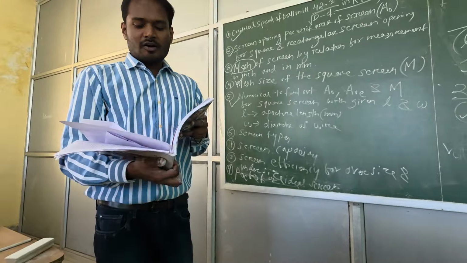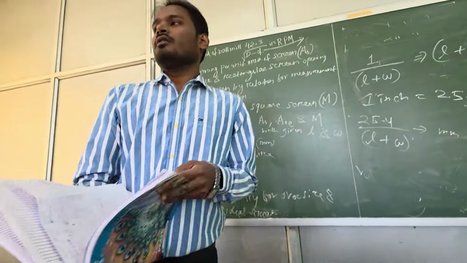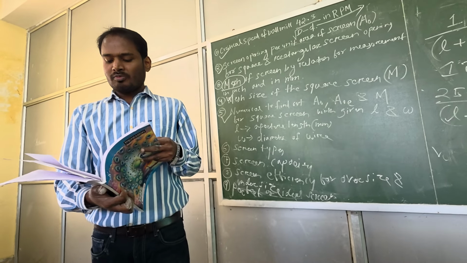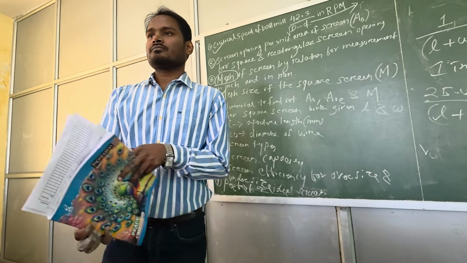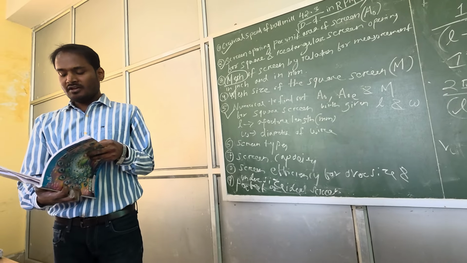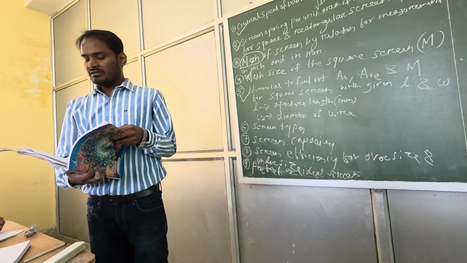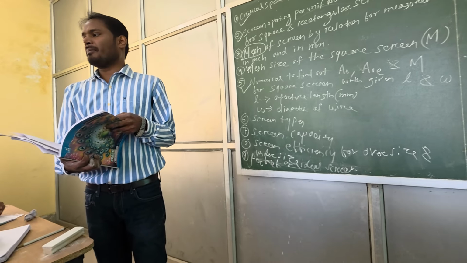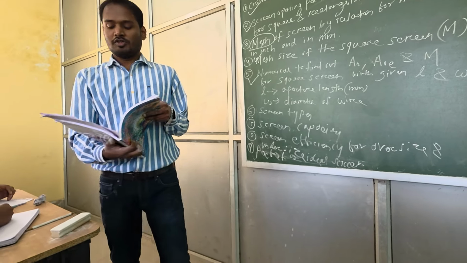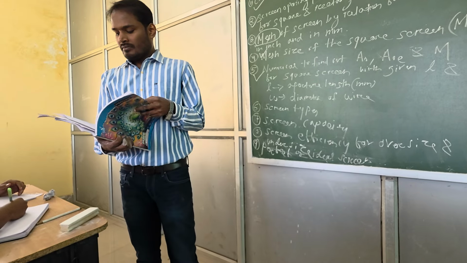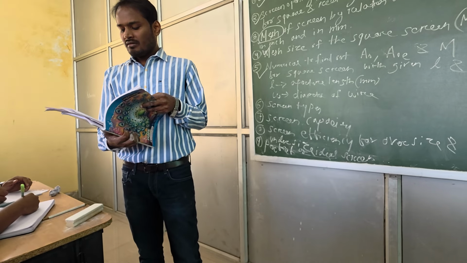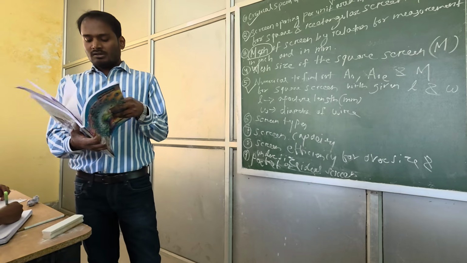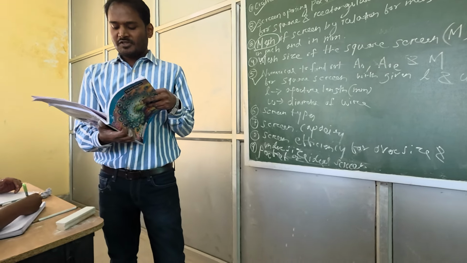There is a copper square screen with length of the aperture L equal to 3.18 mm, and the diameter of the wire is 1.2 mm.